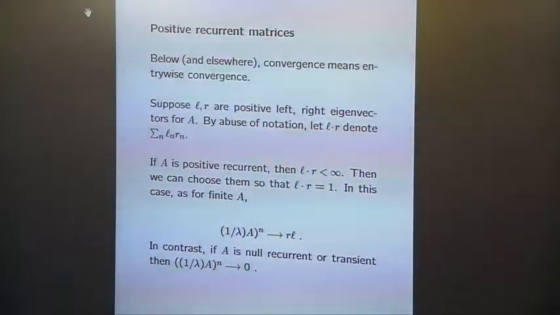Now, if A is positive recurrent, then L dot R is finite. Then we can normalize. Multiply one of the eigenvectors by a suitable positive number, and we can require that L dot R equals 1.